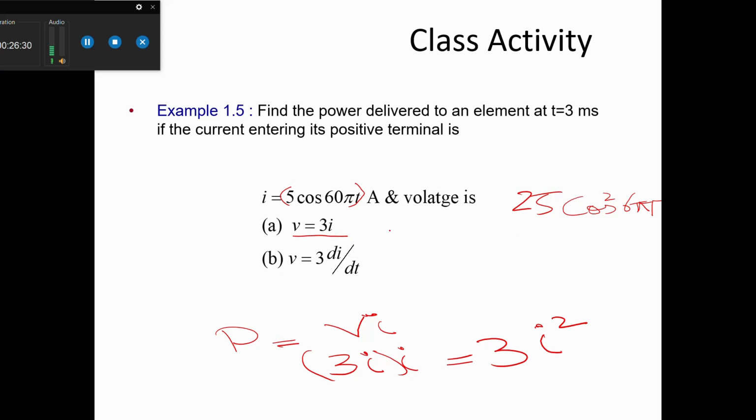Then we multiply it with 3, and this becomes 75 cos square 60 pi t. And if we put t equal to 3 millisecond in this, we can get the answer.